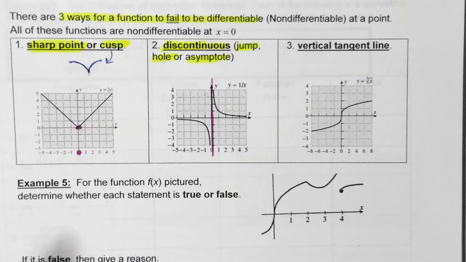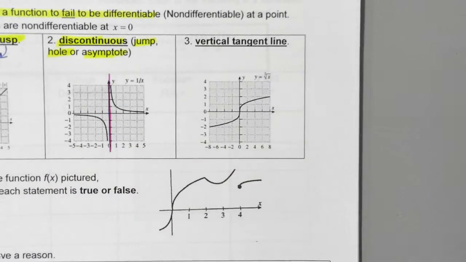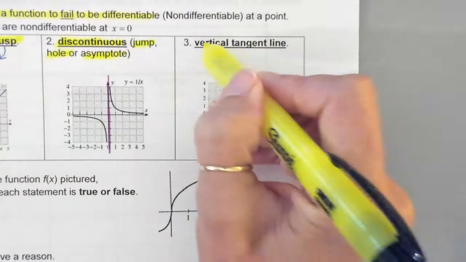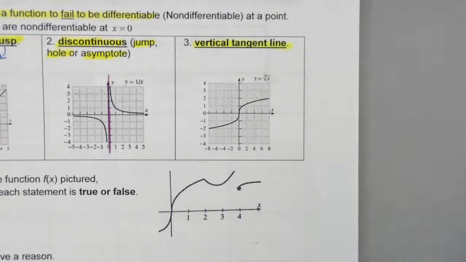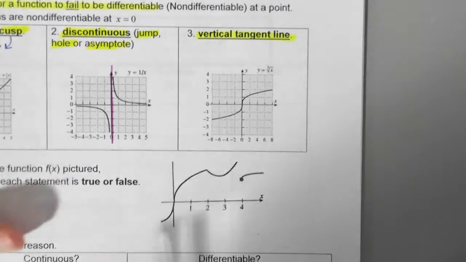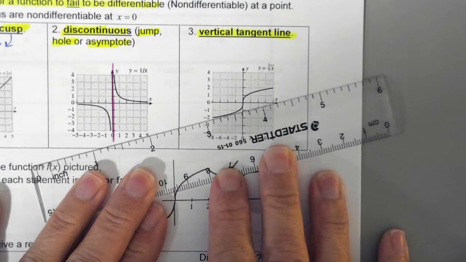All right? And then the last, which actually there is a question like this on your homework, when you have a vertical tangent line. So think about it like this. Okay, if this is f of x and we want to look at the slope, so we're looking at the derivative. Here I could say, just in general, the slope is positive, right? Just like that exercise that you guys did the other day.